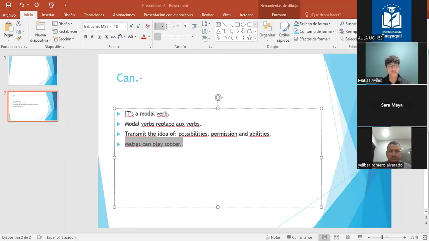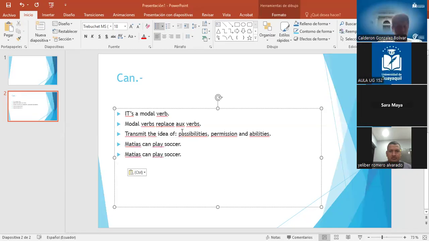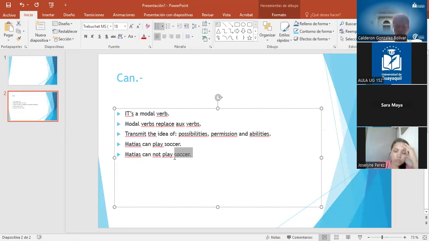Who can tell me what is the position of that negation? Bolívar, what is the position? Is it in the subject, in the complements, before, after? Can you be specific?